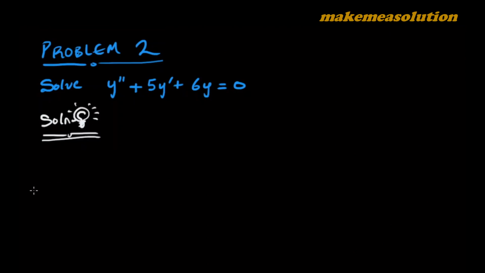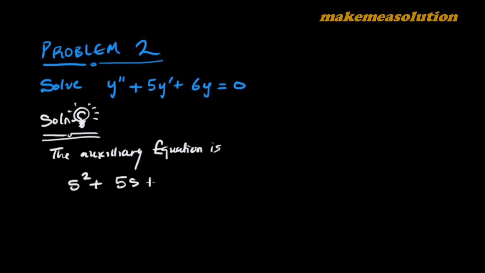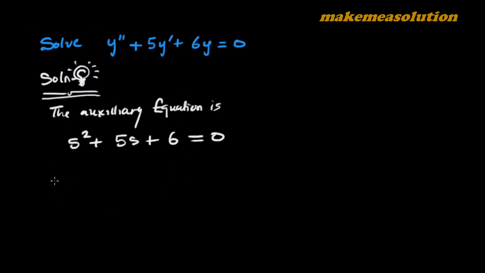For problem 2, we have y prime prime plus 5y prime plus 6y equal to 0. So the auxiliary equation is simply s square plus 5s plus 6 equal to 0. When we solve the auxiliary equation, we're going to get s is equal to minus 5 plus or minus the square root of 5 square minus 4 times 1 times 6.